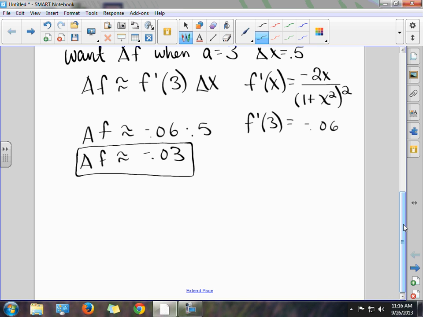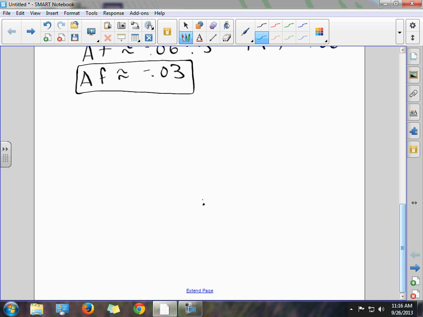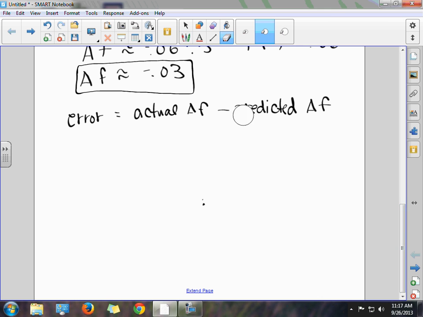We actually have a formula for error, and it's pretty obvious what the formula would be. It's your actual delta f minus your predicted delta f. I guess I'm thinking in terms of statistics today. So let's say it's the actual minus the approximated, the one that you've calculated.